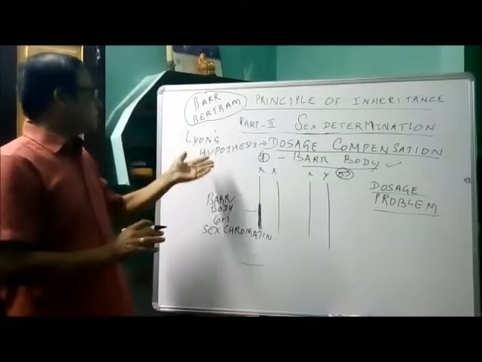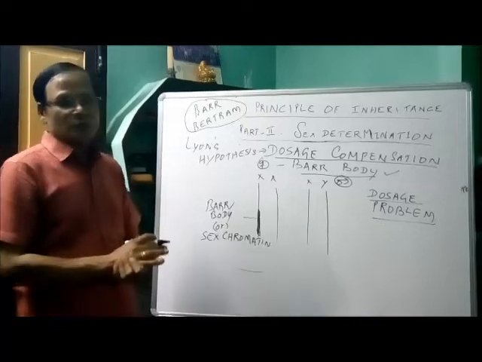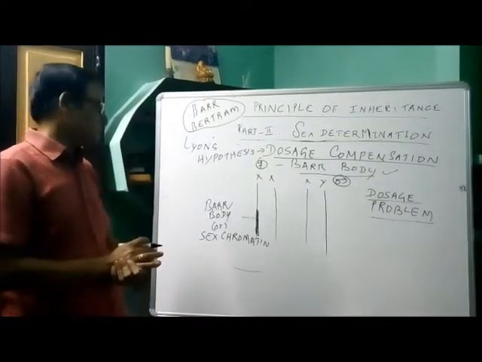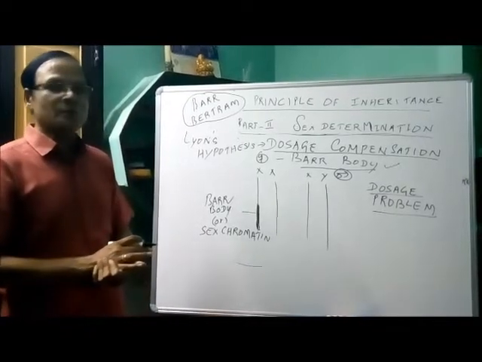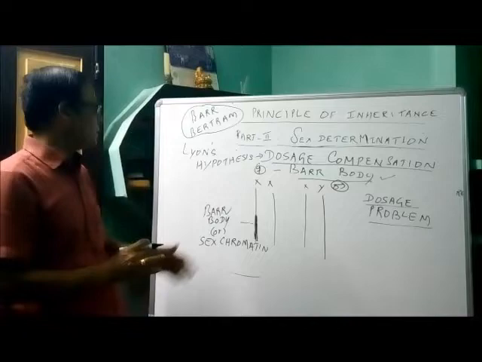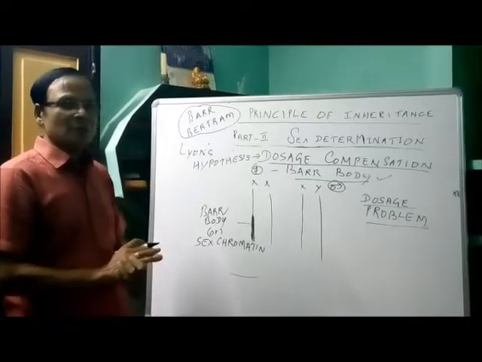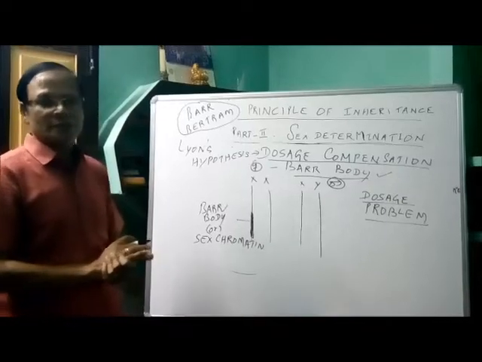So what is Lyon's hypothesis? Inactivation of one of the X chromosomes by the presence of the Barr body, sex chromatin or heterochromatin, is called Lyon's hypothesis. The Barr body inactivates the X chromosome where it is present.